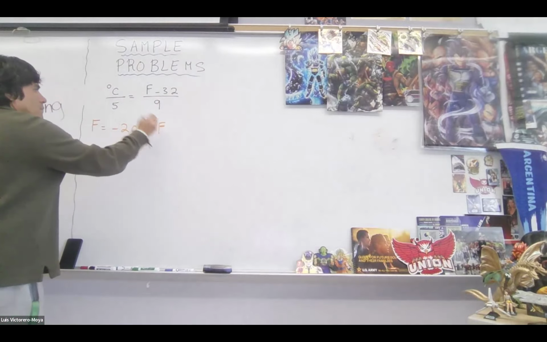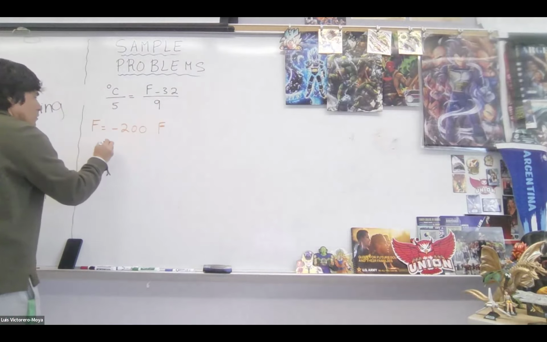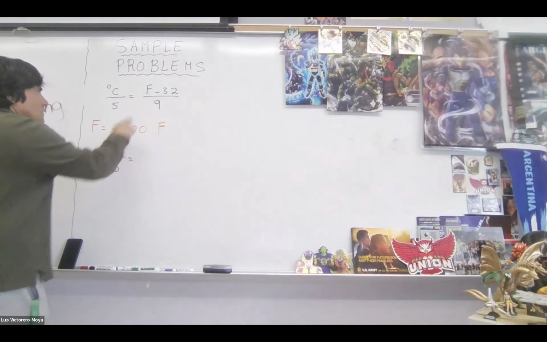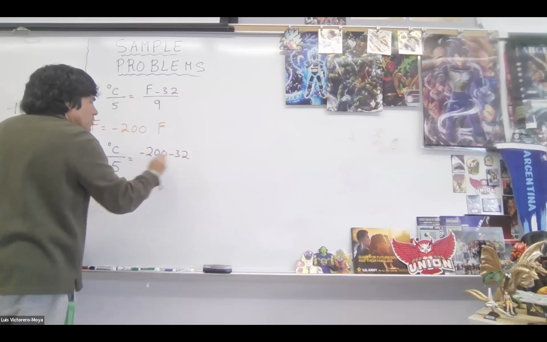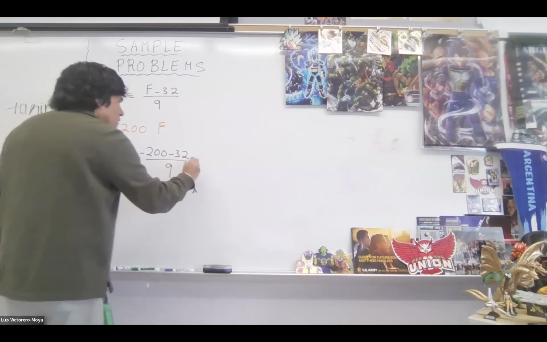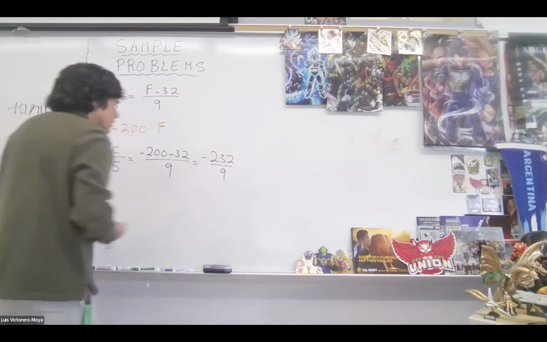So Celsius over 5 is negative 200 minus 32 over 9. So this is negative 232 over 9.